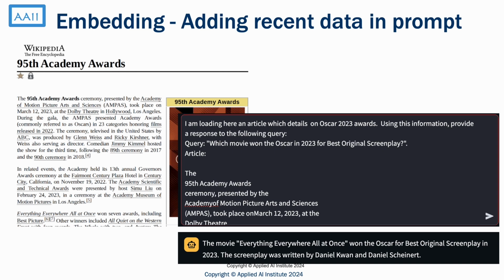The resulting output would include both the information we provided, such as the best adapted screenplay in 2022 being CODA, and the explanation of what an adapted screenplay is, which is not present in the article but can be found in GPT's existing knowledge base.